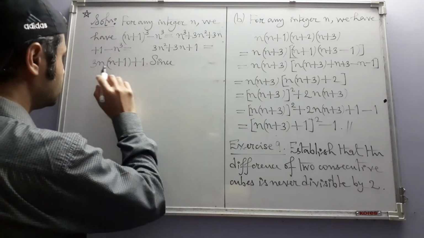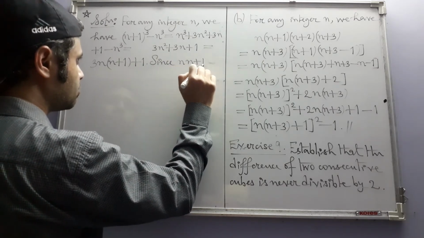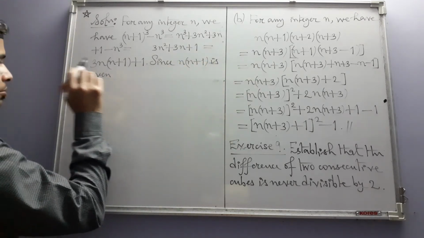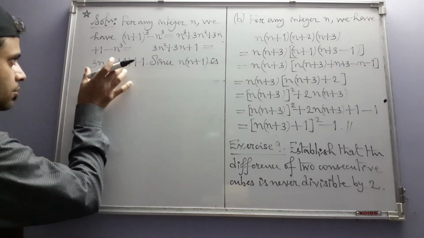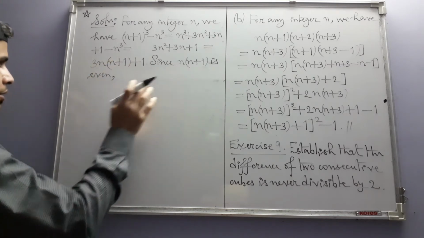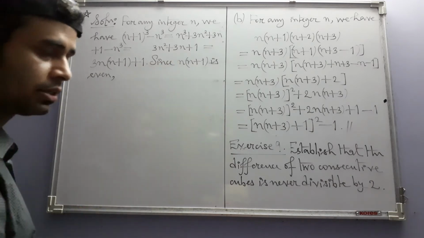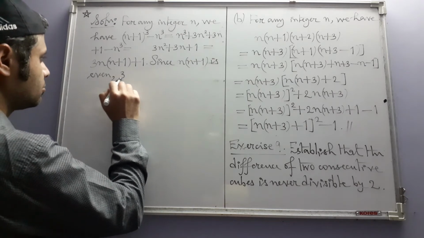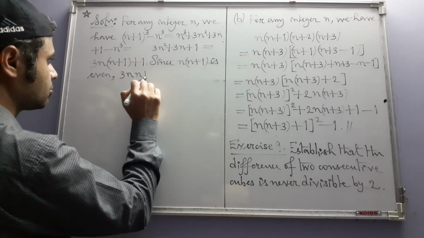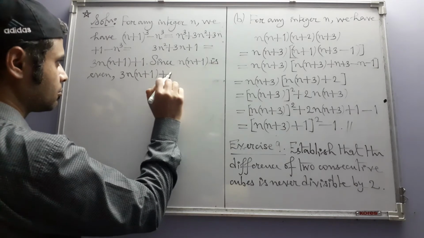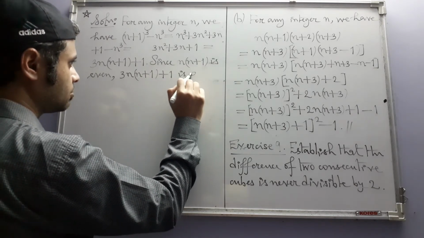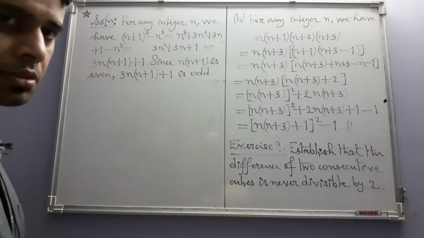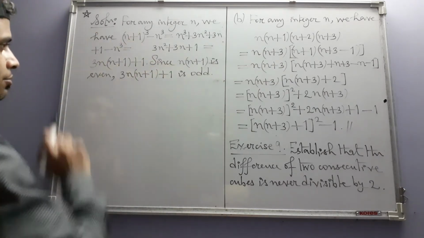Since, like before, n times n plus 1 is even, so this number, if you multiply this by 3, that is also even. Add 1 to that, it becomes odd. Is odd, and being odd, it's not divisible by 2. So this is not divisible by 2.